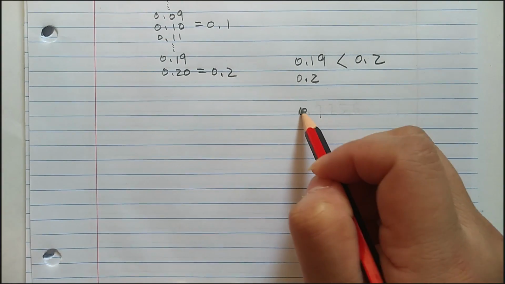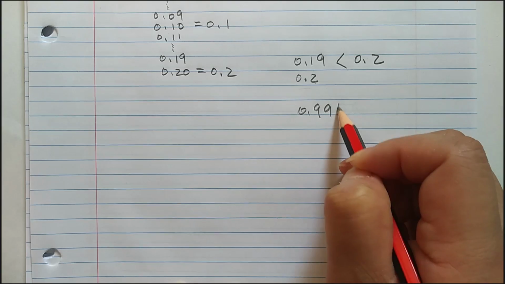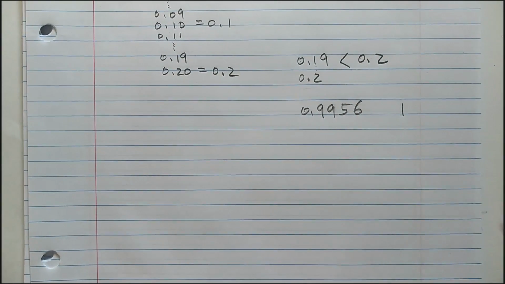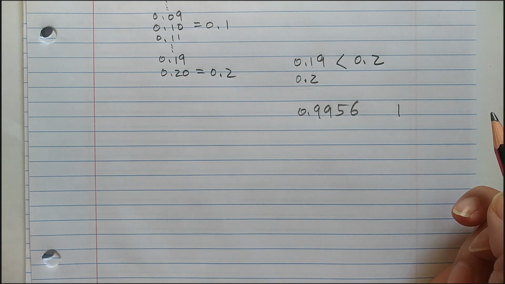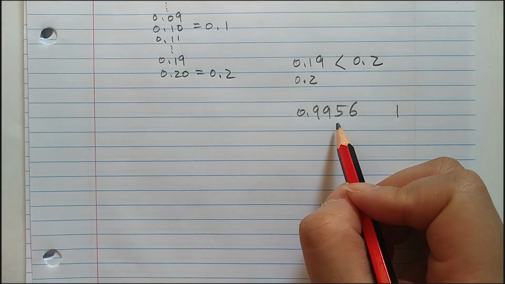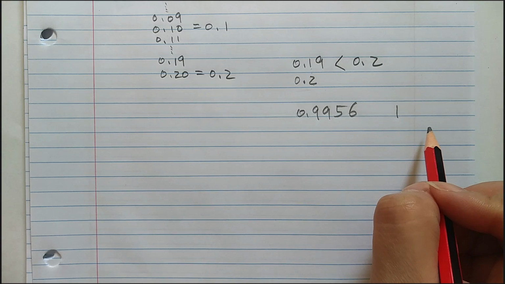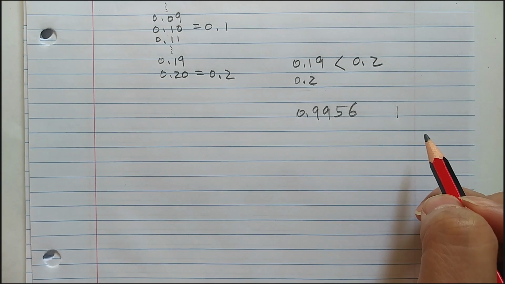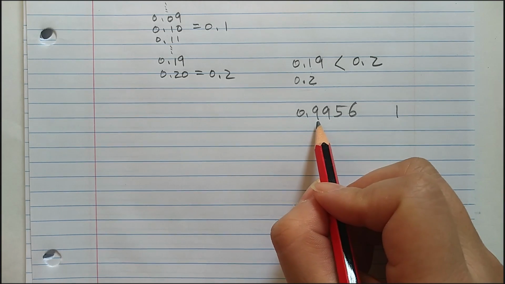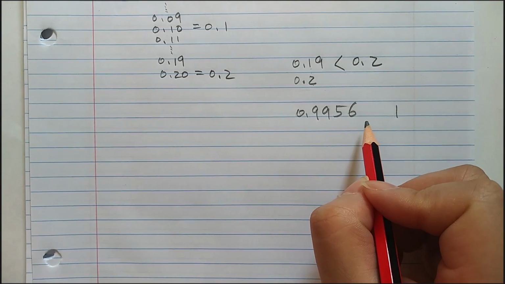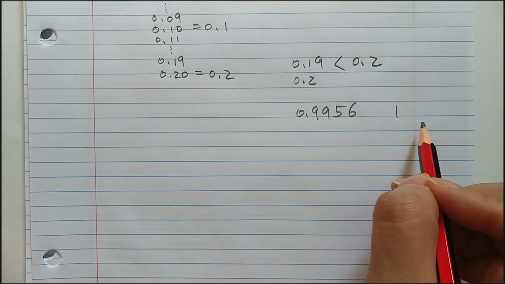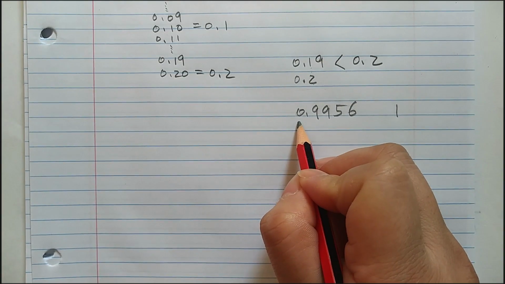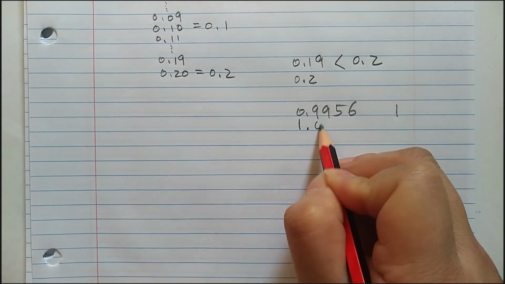Let's compare 0.9956 with 1. Which number is bigger? Well, one is a decimal and the other one is a whole number. How do we compare the decimal with a whole number? Any decimal part is smaller than 1. So if we were to express 1 as a decimal number, we will say 1.0.